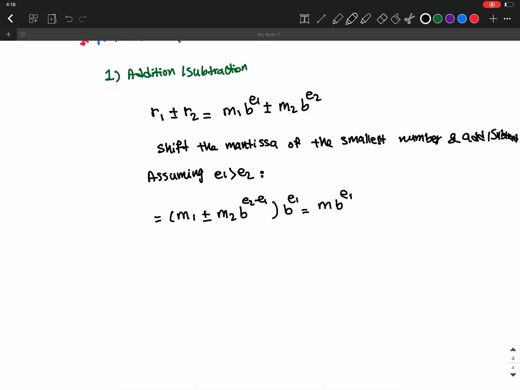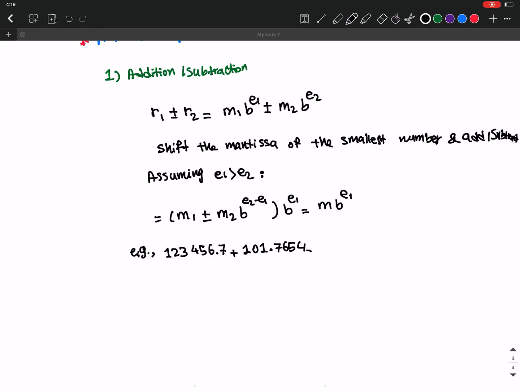So let me show how this is done. For example, you have 123456.7 in decimal base 10, and you want to add this with 101.7654. Okay, so we want to add these two numbers.